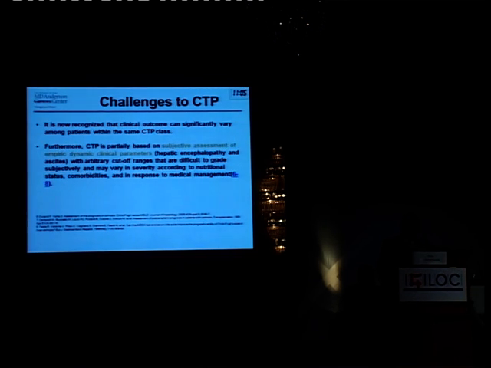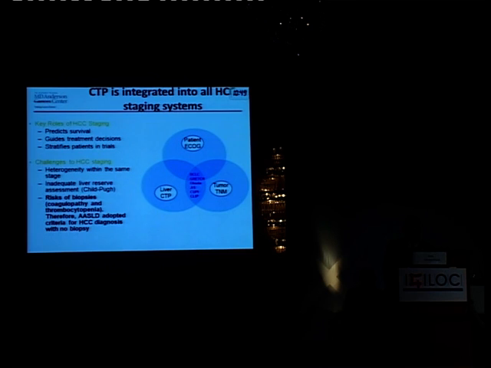Also, as we discussed, it's partially based on subjective assessment of empiric and dynamic clinical parameters, encephalopathy and ascites. And as we said, it's integrated in all the classification systems.